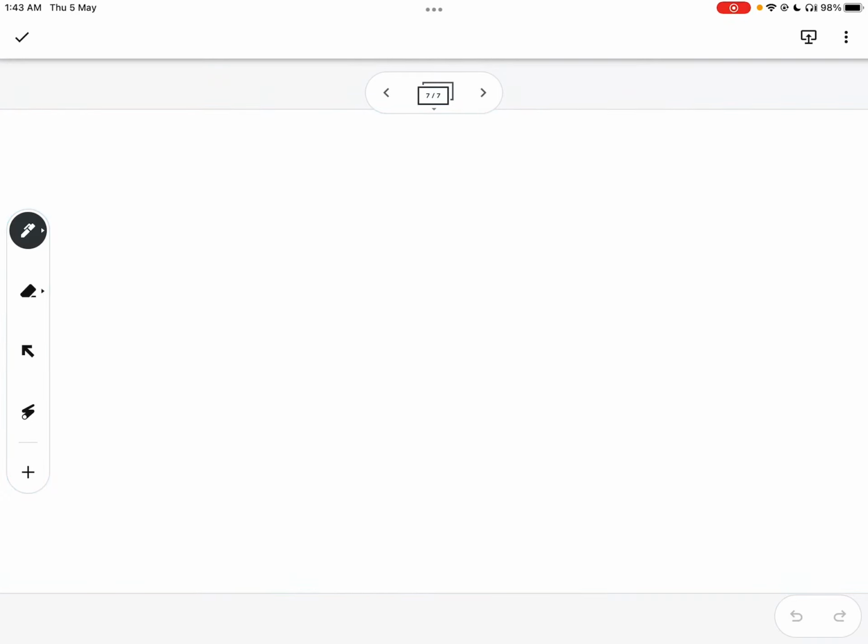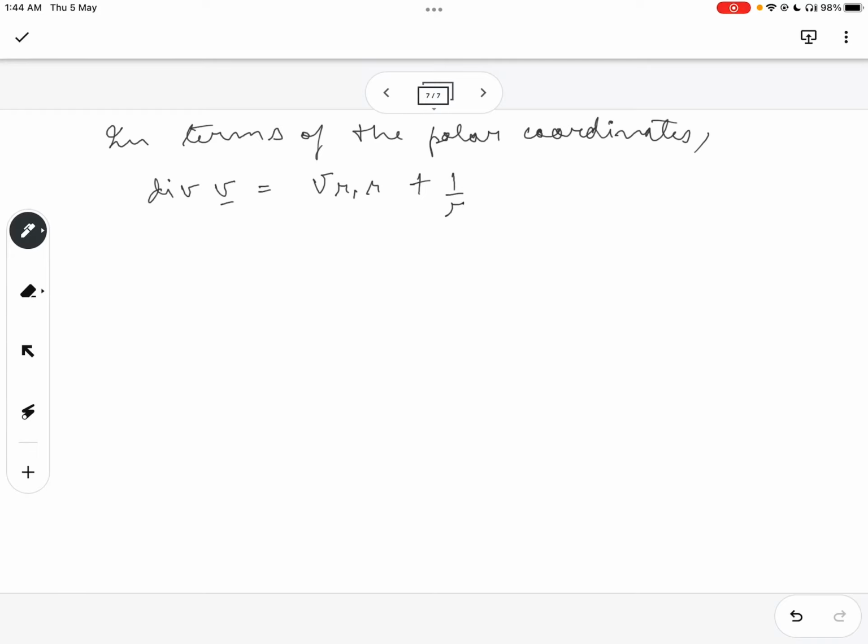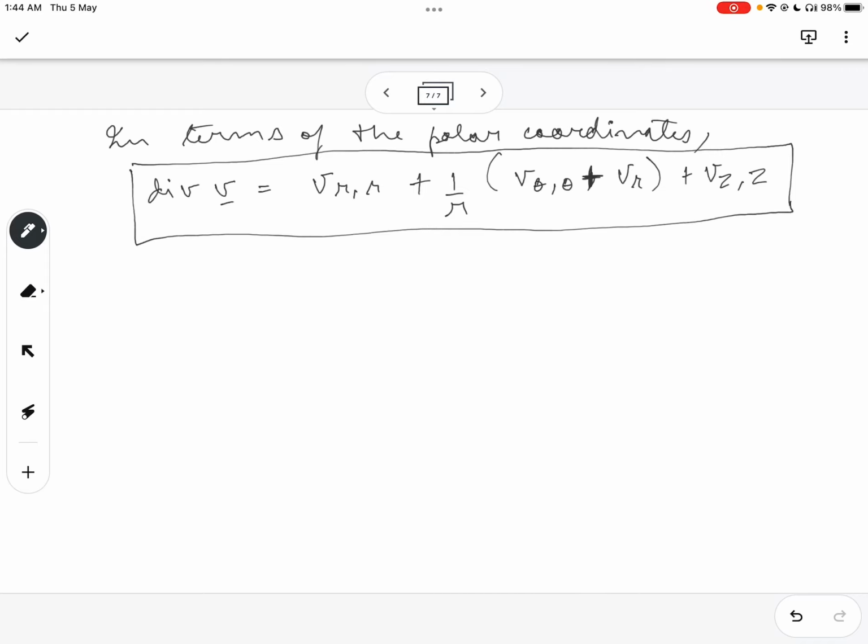From our definition of the gradient of V with respect to the polar coordinates, it can easily be shown that in terms of the polar coordinates, divergence V is nothing but v_r plus v_r,r plus 1 by r times v_theta,theta plus v_z,z. You can show this by yourself. You can calculate this using the expression of the gradient in terms of polar coordinates, using the given definition of divergence.